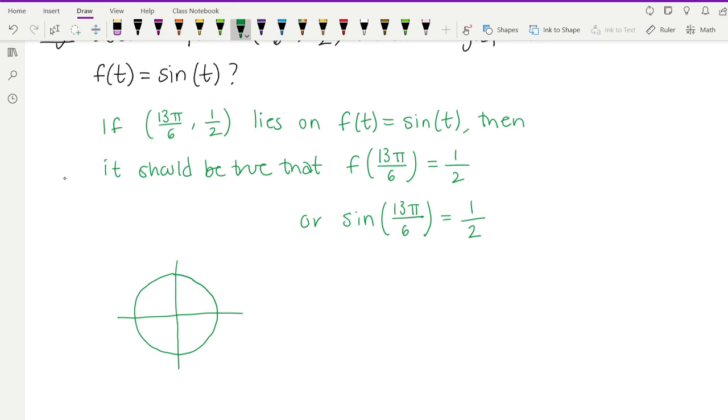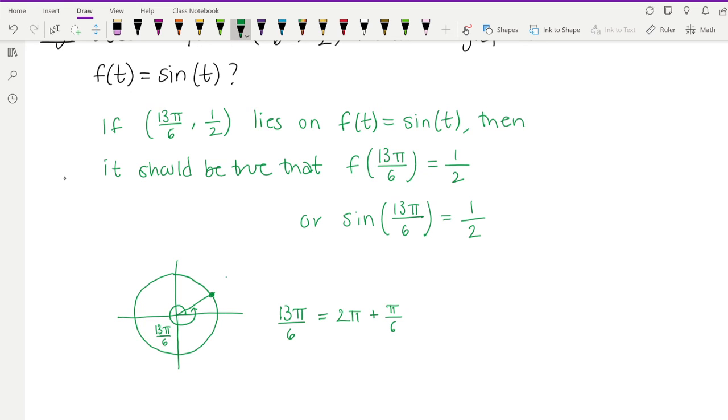As we mentioned a moment ago, 13 pi over 6 is bigger than 2 pi, so it is equal to 2 pi plus pi over 6. So it's coterminal with pi over 6. It's an angle where you go around the circle once and then come back to pi over 6.